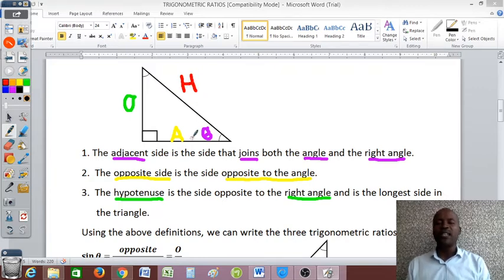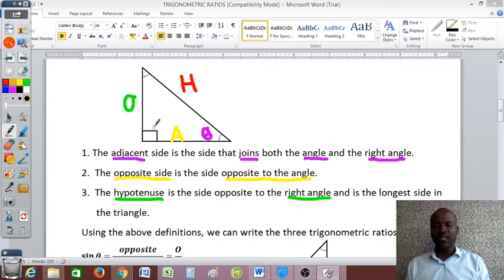So we now have three sides. The adjacent side is the side which joins the right angle and angle theta. Opposite is the side which is opposite to the given angle theta, and hypotenuse H, the third side, is the longest side, or the side which is opposite to the right angle.